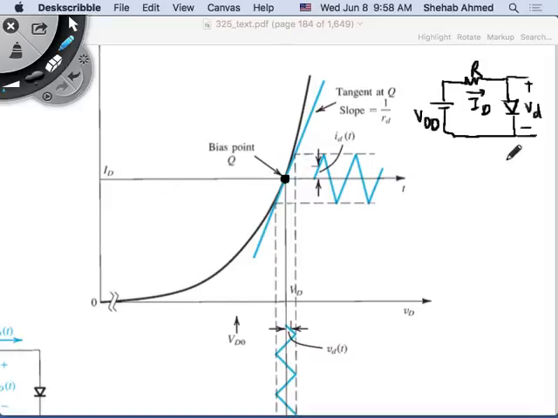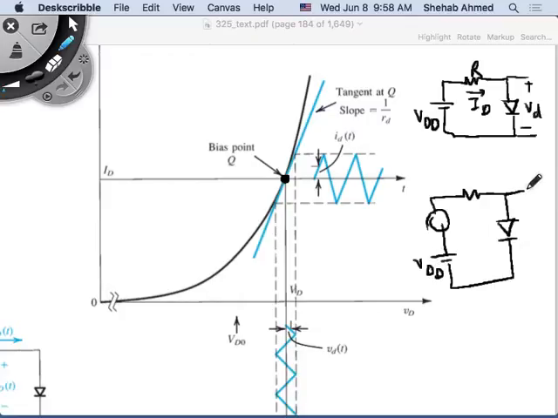What if I change my circuit to this? This is still VDD, and this is my diode voltage, VD, this is R, and this is, what do they call it, V small d. It's difficult to draw.